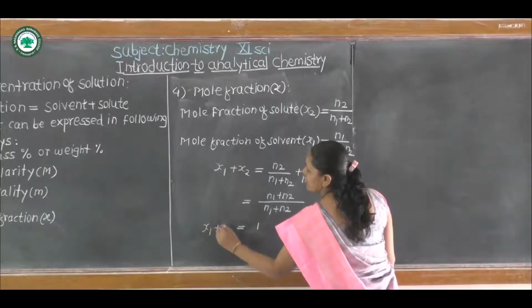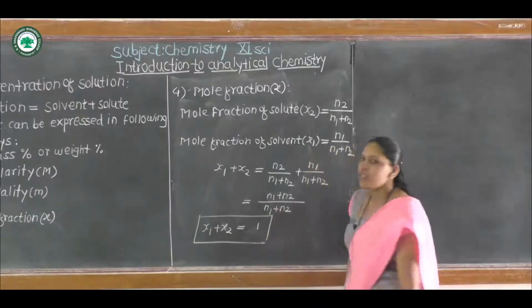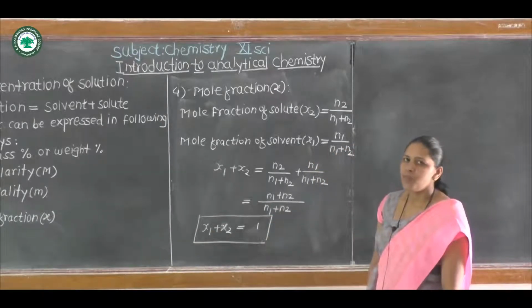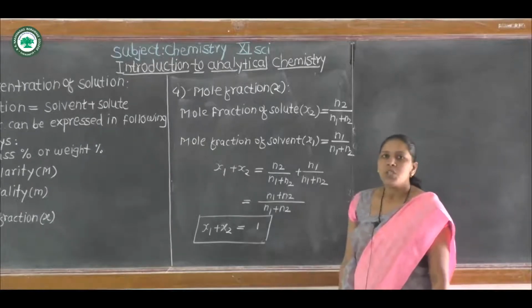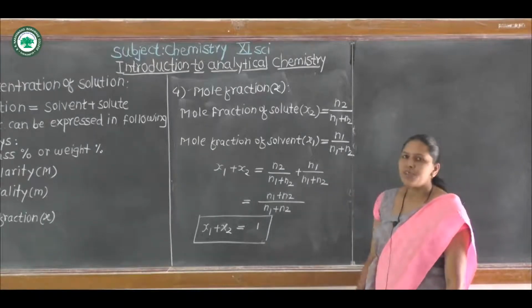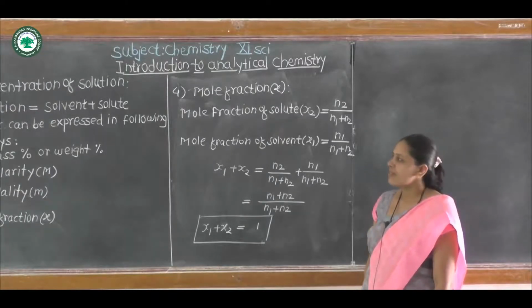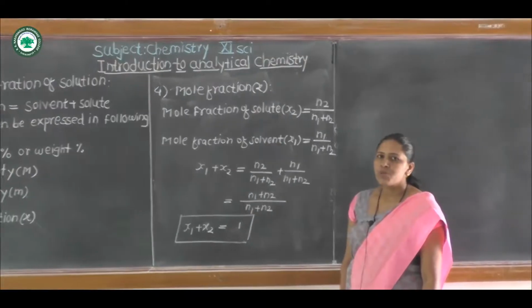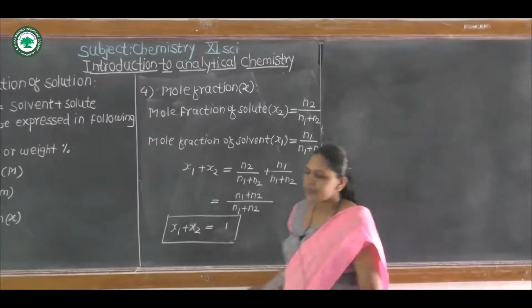Hence, we can say that the sum of mole fractions of all components present in solution is unity, and mole fraction is also temperature independent, therefore it is a most useful and convenient way of expressing solution.